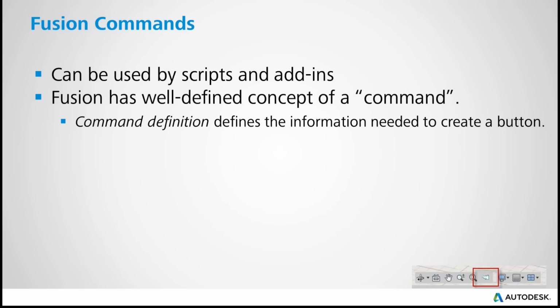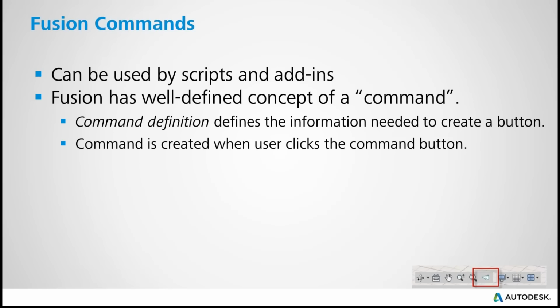In that example below, I've inserted it into what's called the navigation toolbar. That's where all the camera and view related functionality is at the bottom of the screen, because this is a camera related command. So I can insert my command anywhere in the UI that I want. And then when the user clicks that button, Fusion creates a command object.